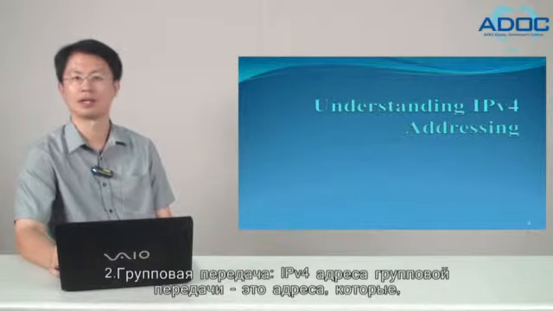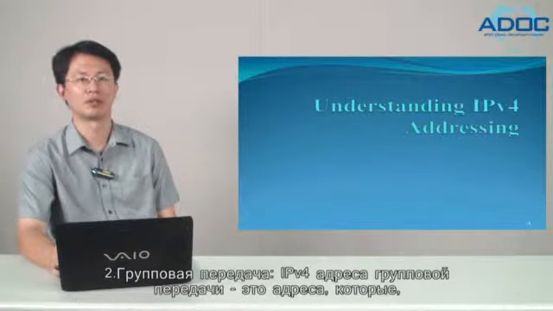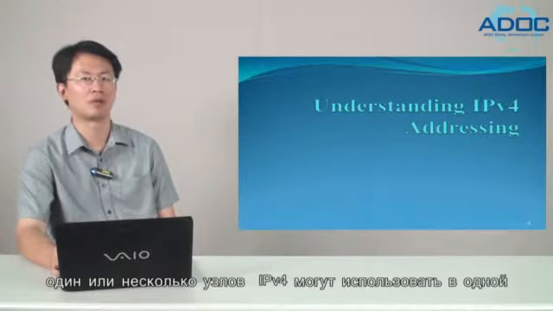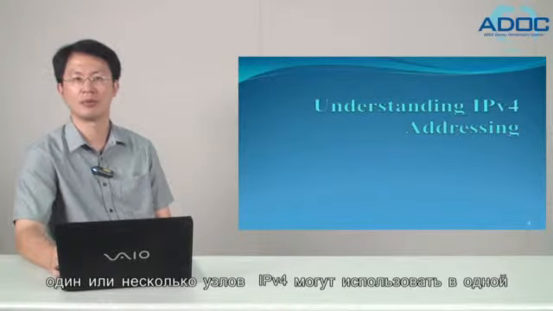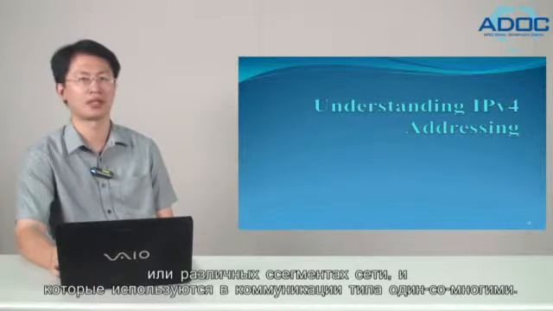And second, Multicast. Multicast IPv4 addresses are addresses for which one or multiple IPv4 nodes can listen on the same or different network segments and are used in one-to-many communications.